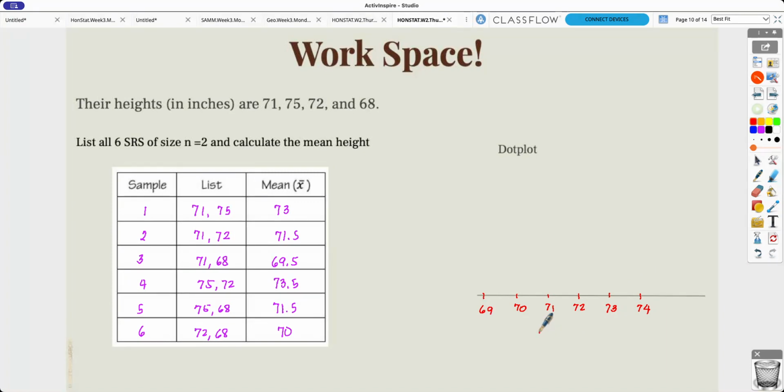So this is the sampling distribution of the mean. Okay, so for the first one, we have 73, and then 71.5, and then 69.5, 73.5, 71.5 again, and then we have 70.